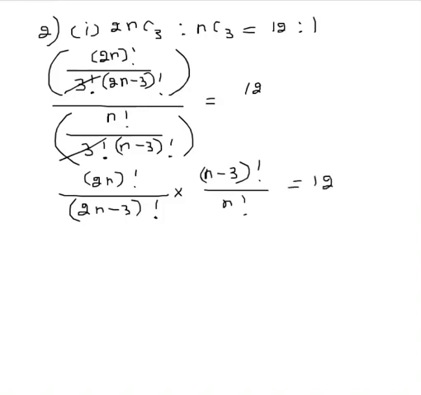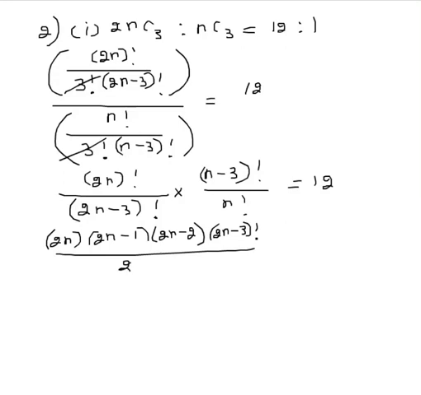equal to 12. If you compare 2n factorial and 2n minus 3 factorial, we can write 2n factorial as 2n into 2n minus 1 into 2n minus 2 and 2n minus 3 factorial, divided by 2n minus 3 factorial. Like 8 factorial can be written as 8 times 7 times 6 times 5 factorial.